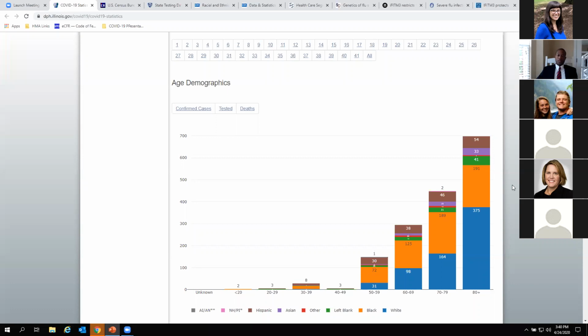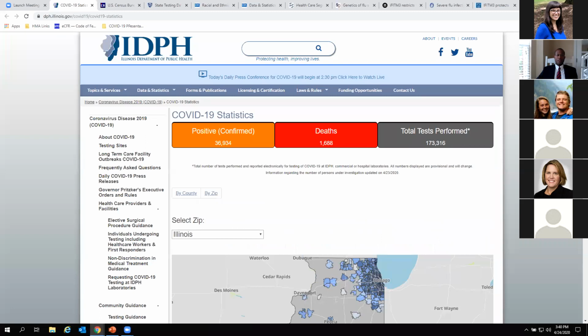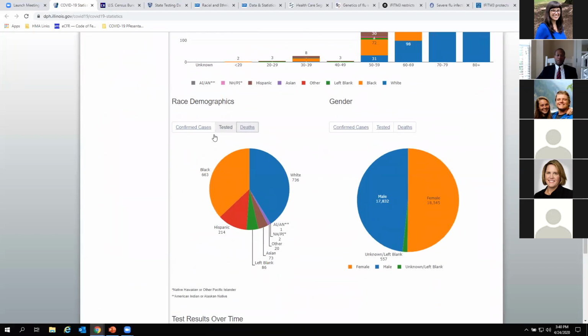Great question. We don't know. I can speculate all day, but until I get on a call or have a sit down with somebody from the Illinois Department of Public Health, I don't know. This is shocking to me, and it should be shocking to every researcher.